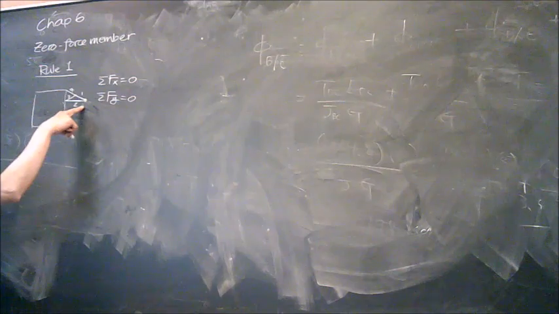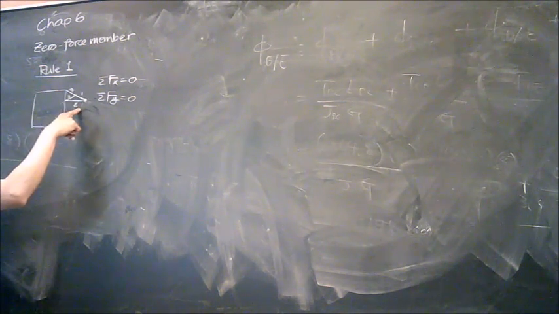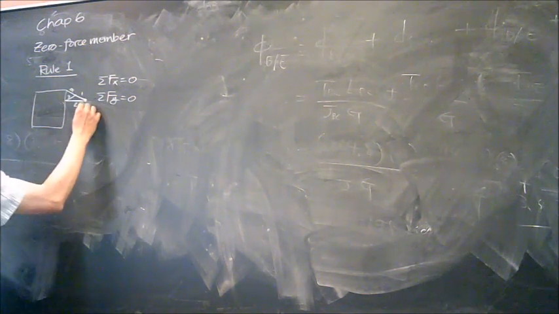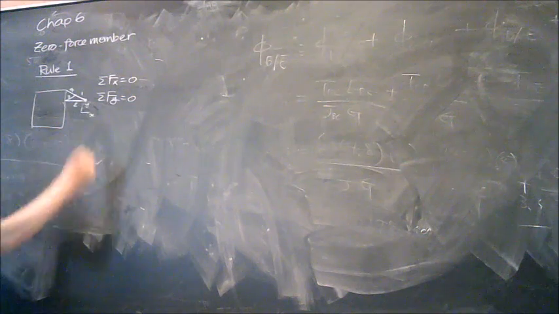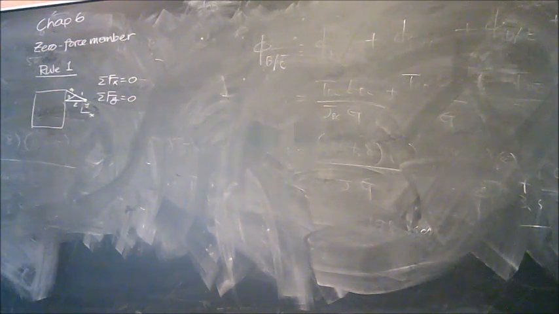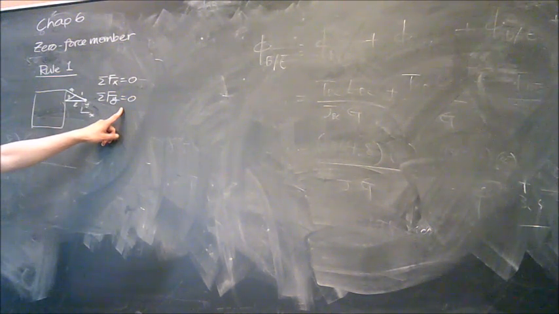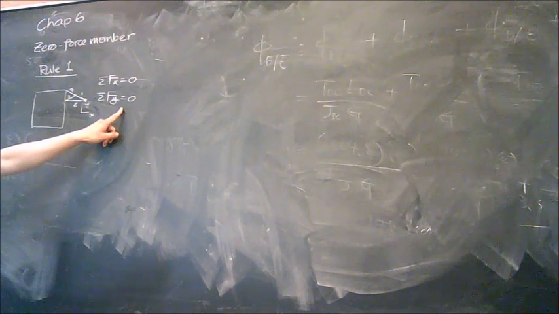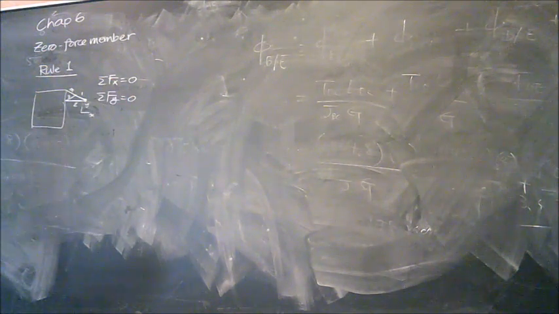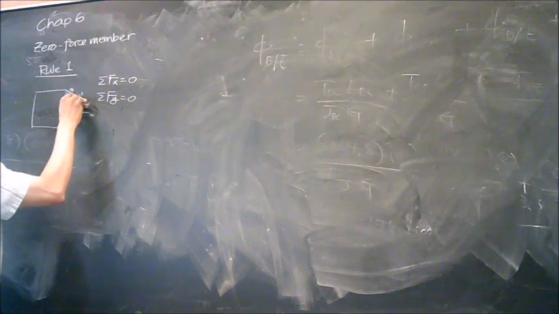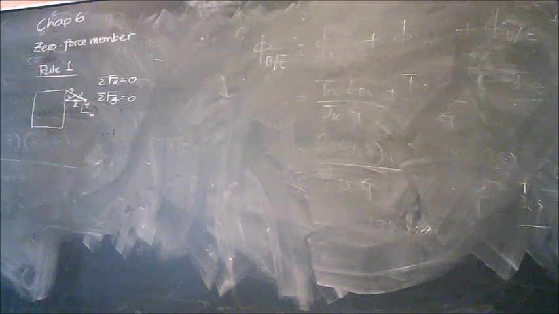So if you put the coordinate along the member, one of the equations is going to have two terms, and the other one only has one term, which means in order to fulfill those two equations, both of them must equal zero. So you need to mark those two as zero force members.